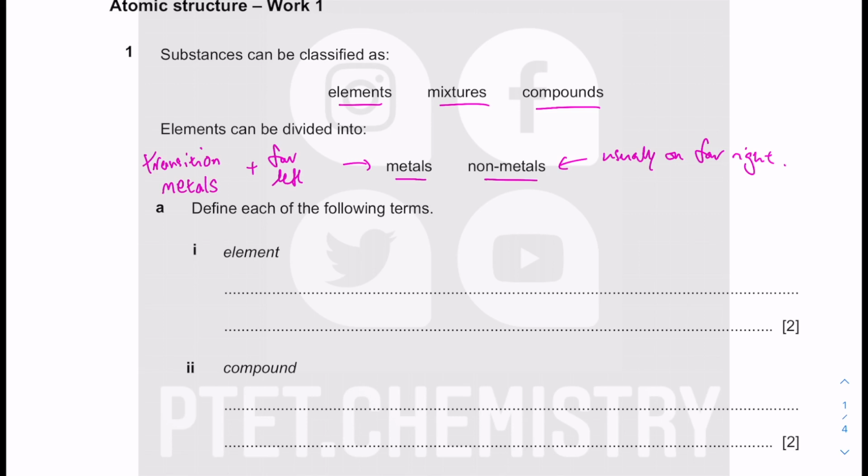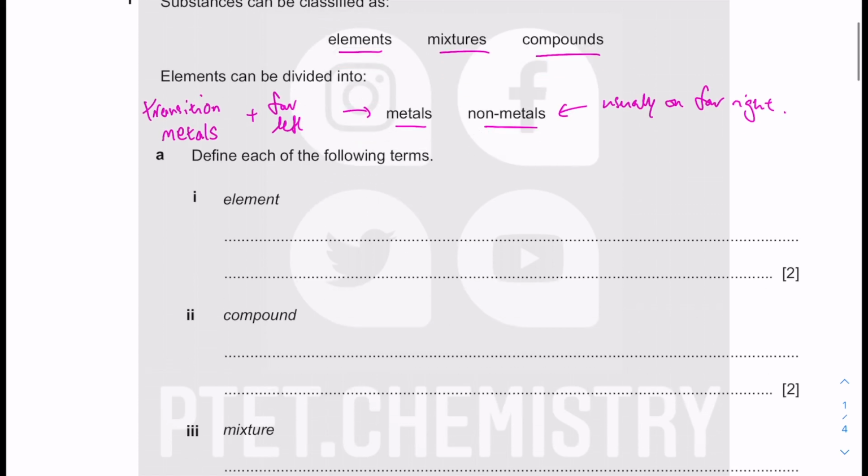In terms of definition, any chemistry student should be able to tell you a little bit about the definition for each element. Any chemistry student who fails to do this means that you don't really understand chemistry at all. So an element is a substance that you cannot break down into any simpler substances by chemical method.